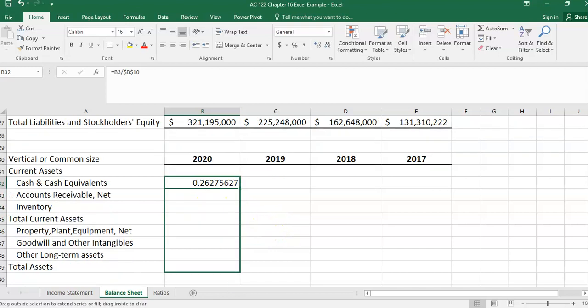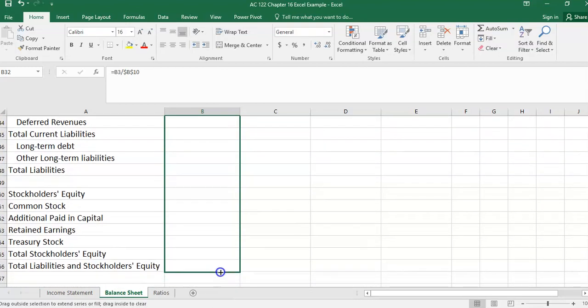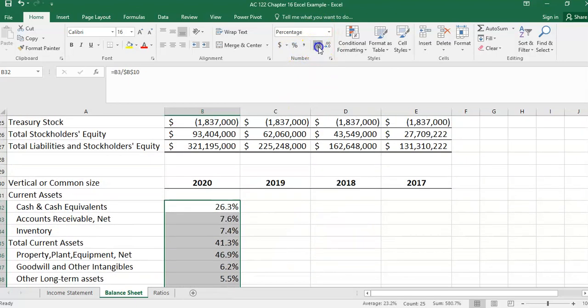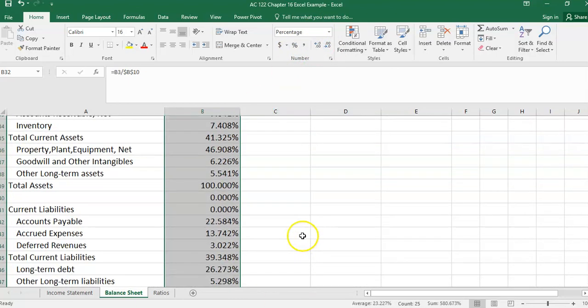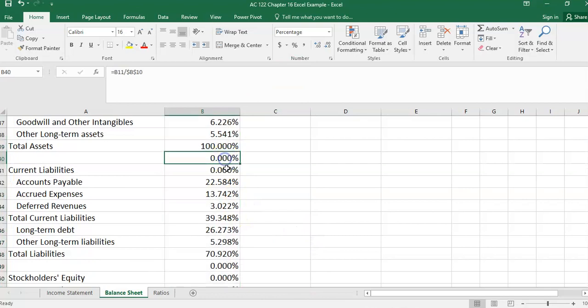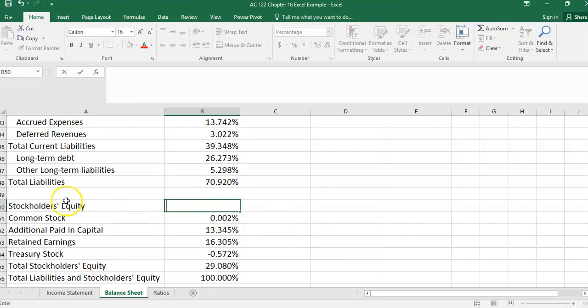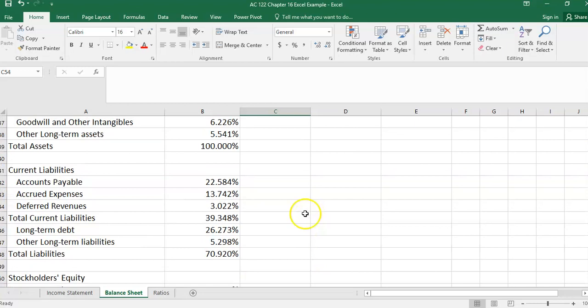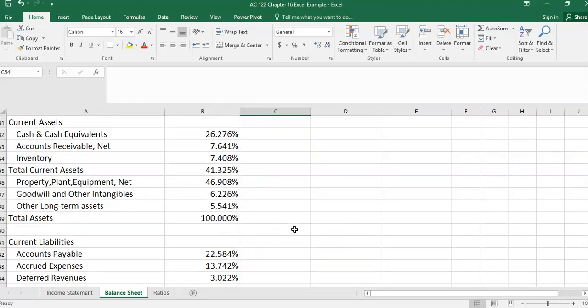And I am just going to copy that all the way down to save time, turn it into a percentage. And then I'm going to remove the 4 rows where there's no information or it's just a header. It's just faster to copy down and then go in and remove those 4 rows.